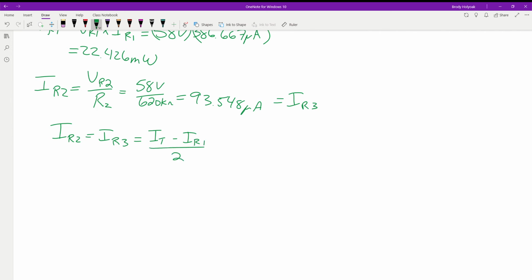In a formula, that's what we would look at. How much current do I have left after the first branch? It's going to split between these two evenly, so I can just divide it by 2. In this instance, we get 93.548 microamps.